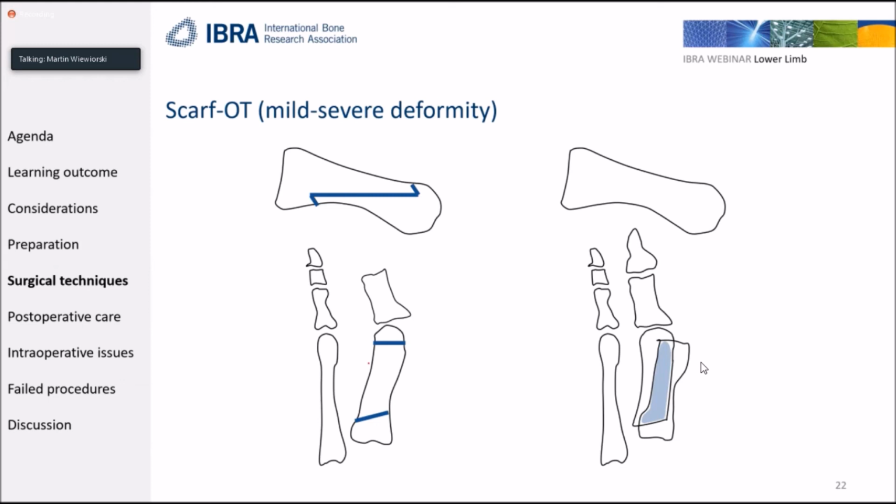Because basically, by the length of this osteotomy, you also have the chance to correct the DMMA angle. If you do the osteotomy long, let's say you're very close to the base of the metatarsal one, the center of rotation of this osteotomy is here, and basically you can swing this metatarsal all the way over here.